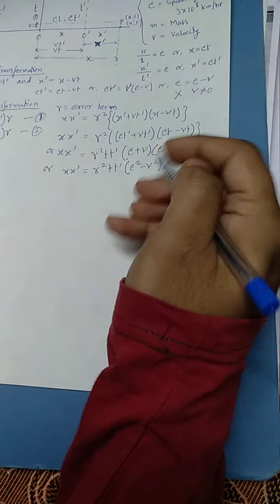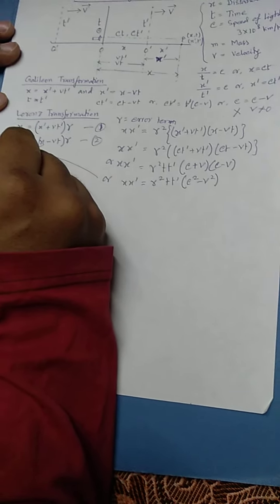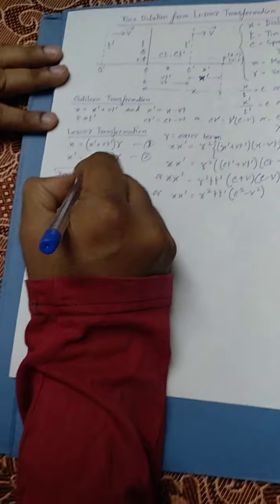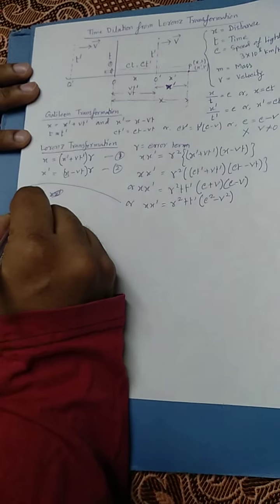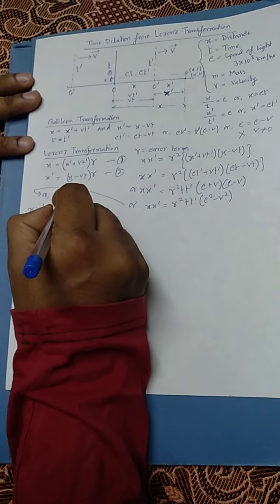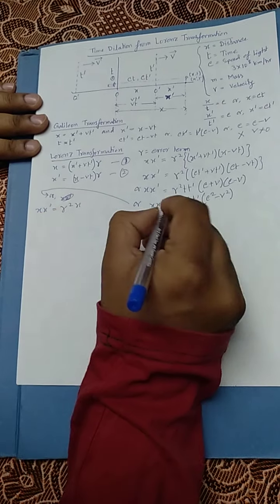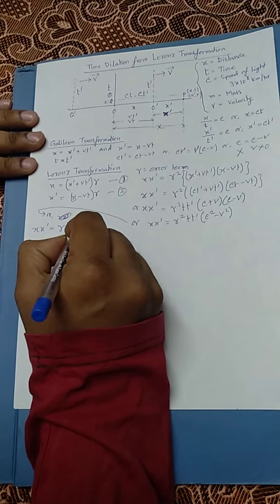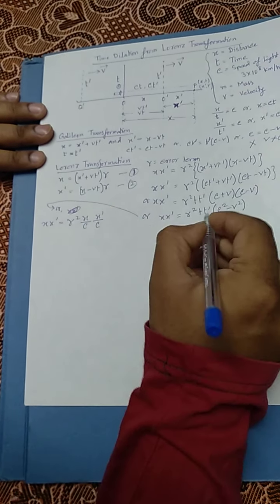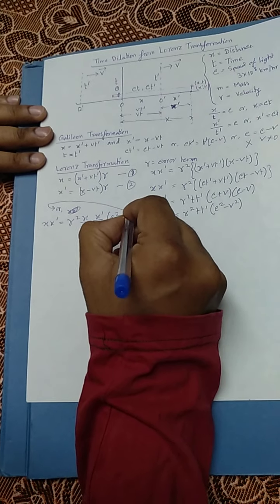If I put that into this equation, I have x prime x equal to gamma squared times x by c instead of t, and x prime by c instead of t prime, into (c square minus v square).